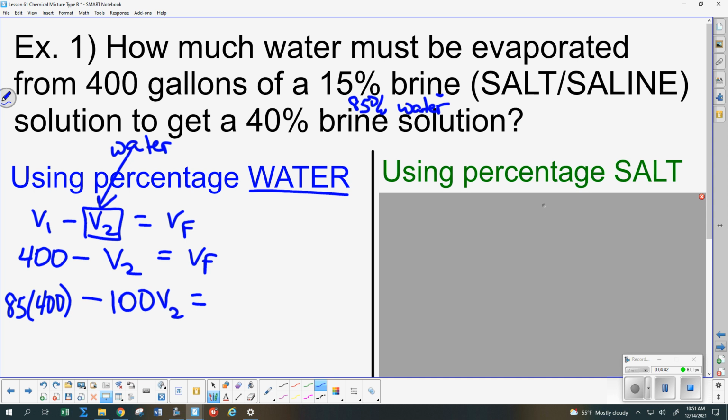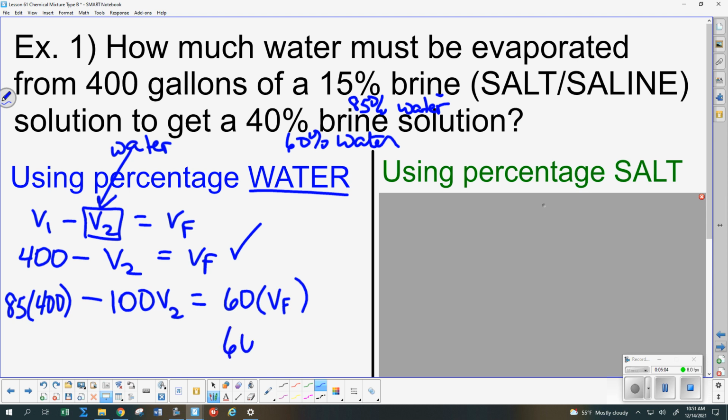And I want to end up with 40% salt. So what percent water? So then I'm going to have 60 times the VF. I need to do a substitution, and I know that VF is 400 minus V2.